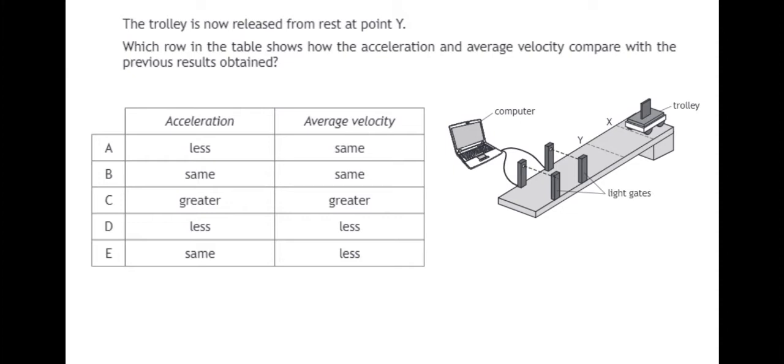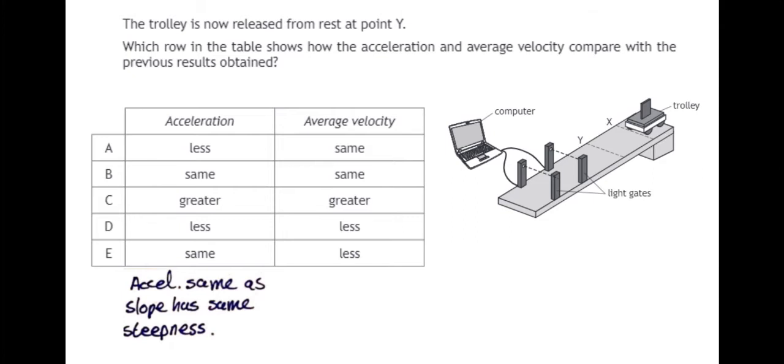Well, if it's accelerating from Y rather than X, the slope itself doesn't change. So therefore, the force that's pulling the trolley down the slope is not going to change. And therefore, there will be no change in the acceleration of the trolley.